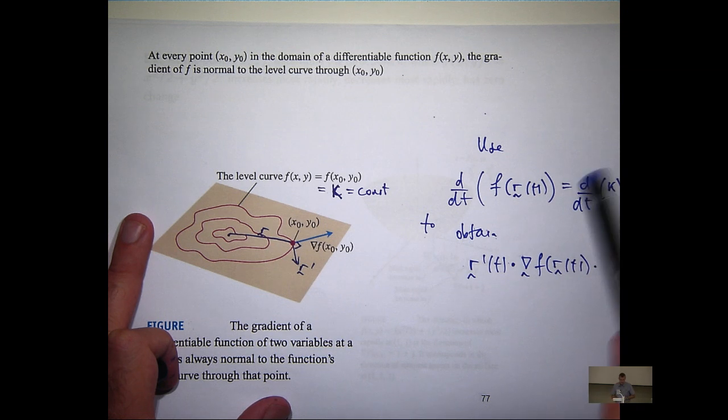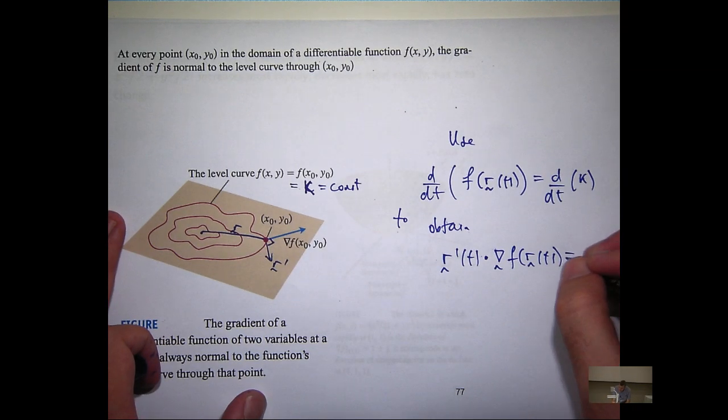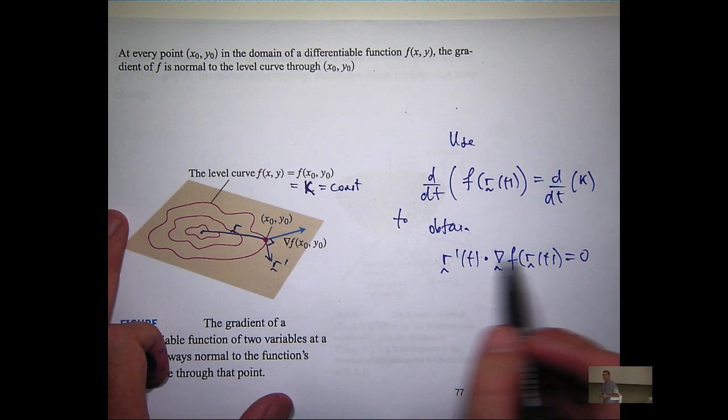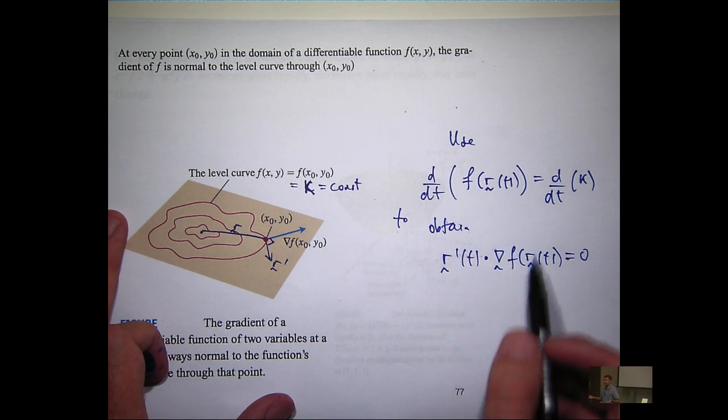If I differentiate a constant, I just get 0. So if the dot product of two vectors is 0, we know that they've got to be perpendicular.